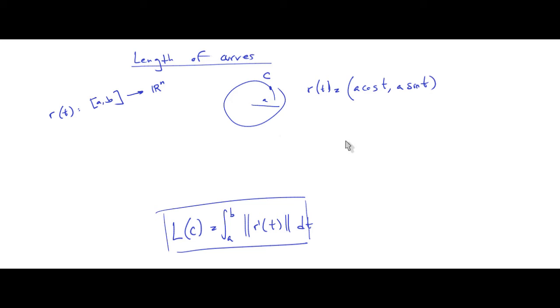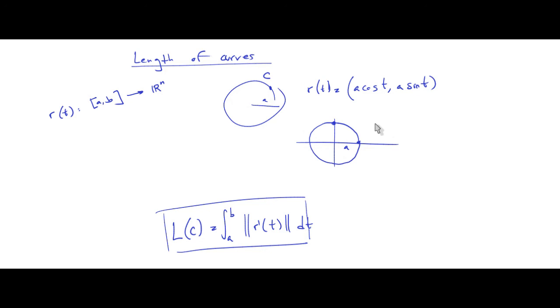If you start at t equals 0, the cosine of t is 1, so a times 1 is a, and a times sine of 0 is 0, so the first point is (a, 0). Then you start increasing, you get to pi halves, then the cosine is 0 and the sine is 1, and you keep going like this. This is the parameterization of this curve.